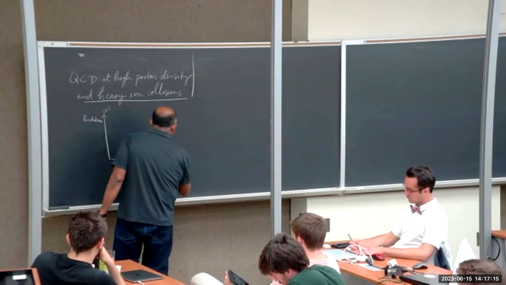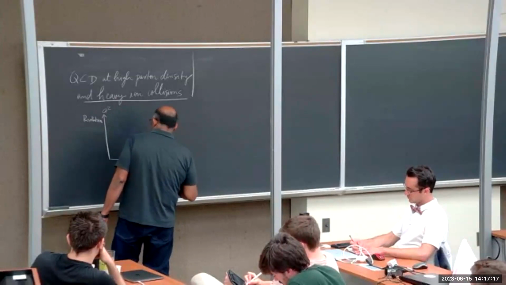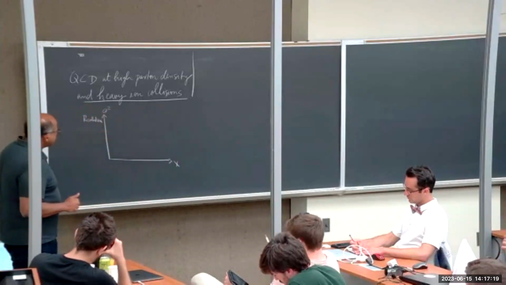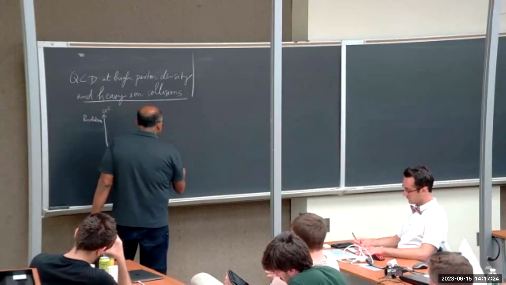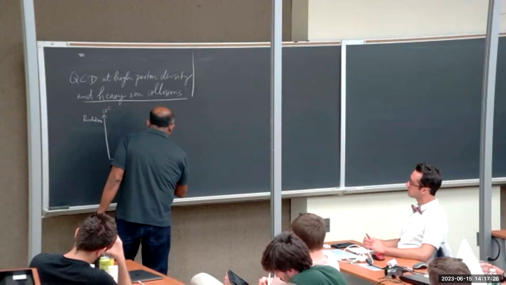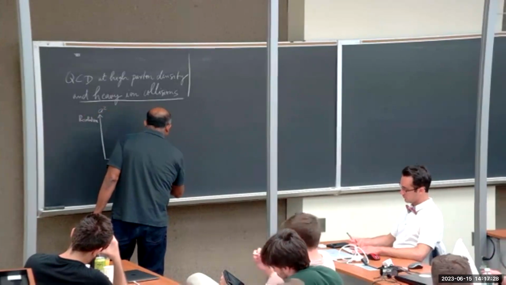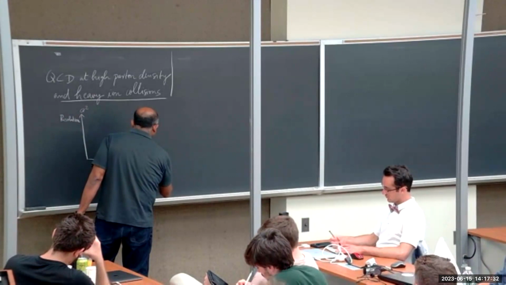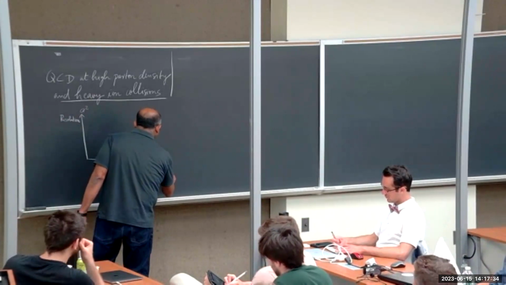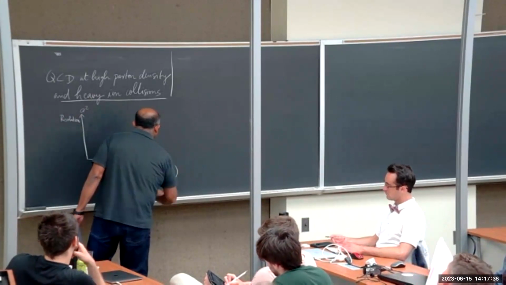And on the other axis, I'm going to write x, which is typically Bjorken x, but not exclusively. You can think about this as a proxy for parton density, which I presume you heard something about from the lectures of Anna Stasto.